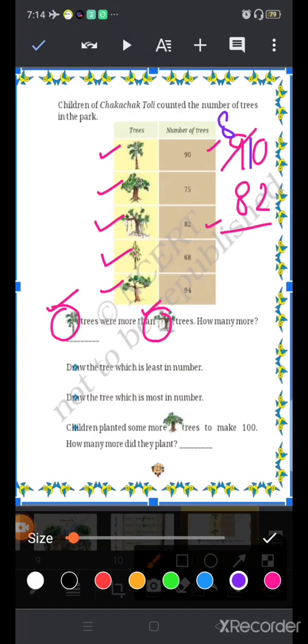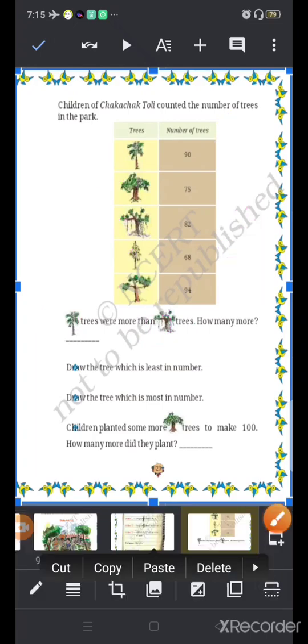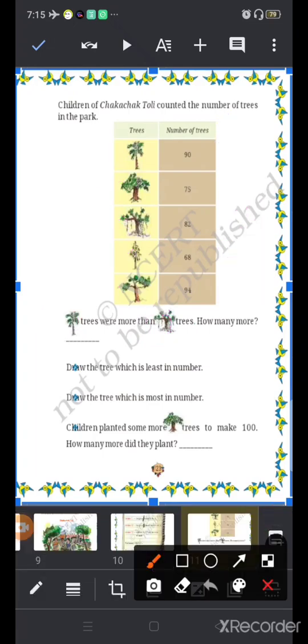So what is our answer? Here we'll write 8. And 8 minus 8 is equal to 0. So what is our answer? Our answer is 8. So what will we write here? How many more trees are there? There are 8 more trees. So here we'll write 8.